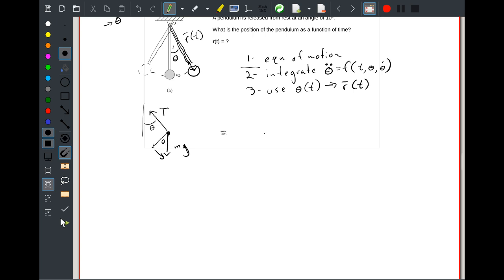So this has to be equal to, I'll draw 2 different ways. One is I could say that I've got 2 components in a Cartesian system, and the other way is that I could say that I've got 2 components in a cylindrical system. So m a theta and m a r.